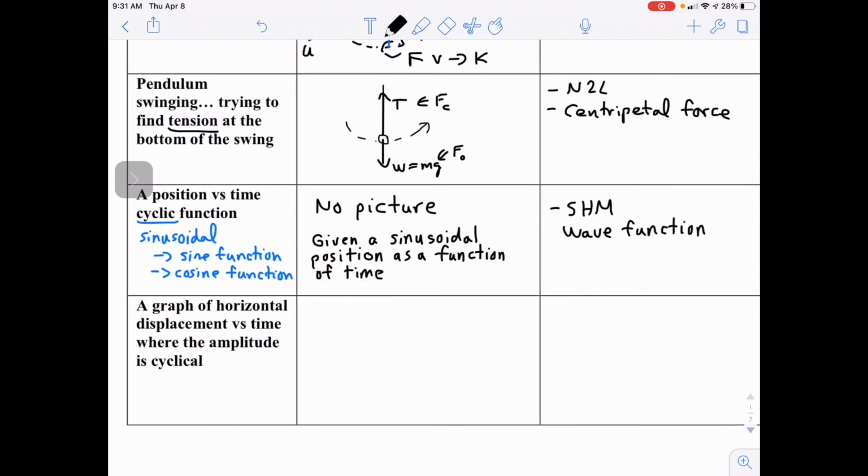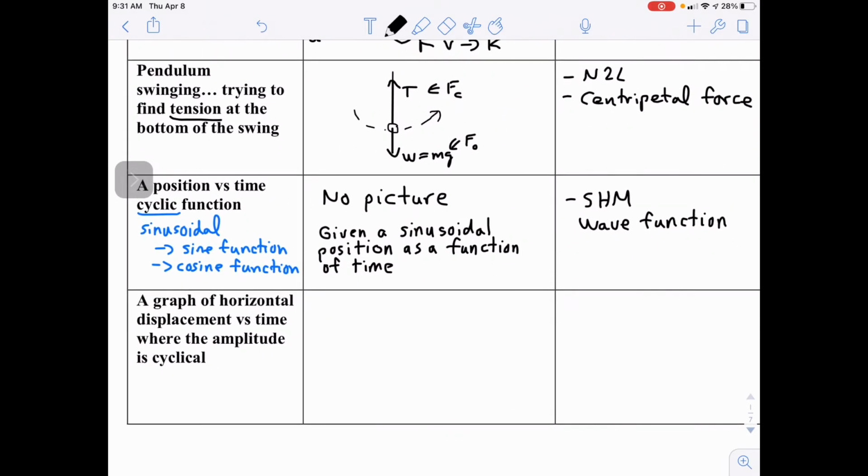And in the last scenario on the first page here, we have a graph of a horizontal displacement versus time where the amplitude is cyclical. So amplitude cyclical, we're talking about a wave function. So the concept is the same.